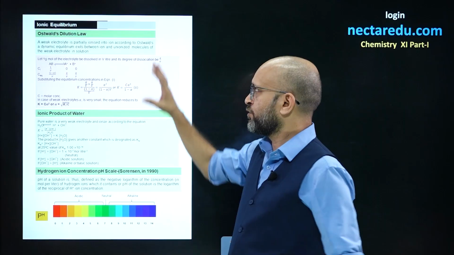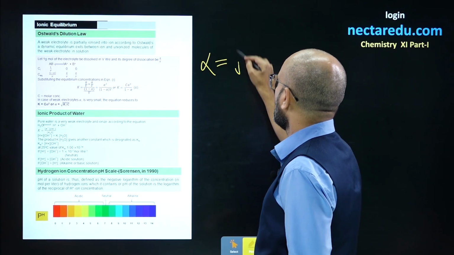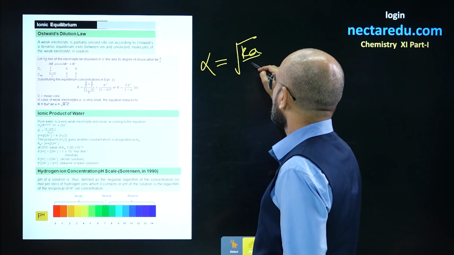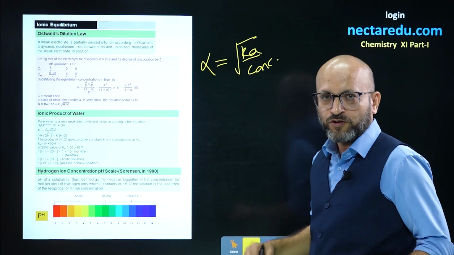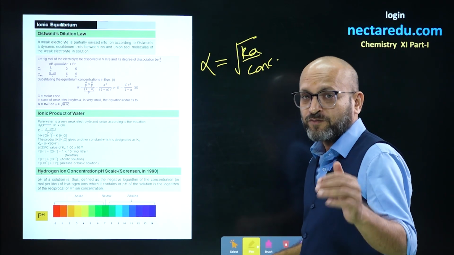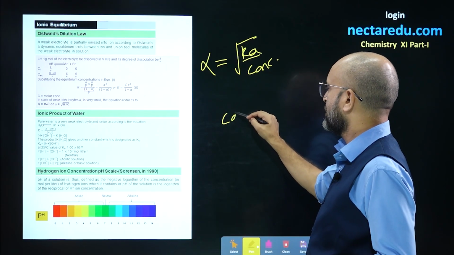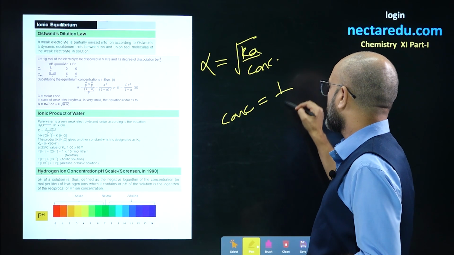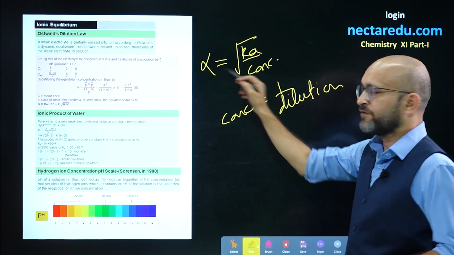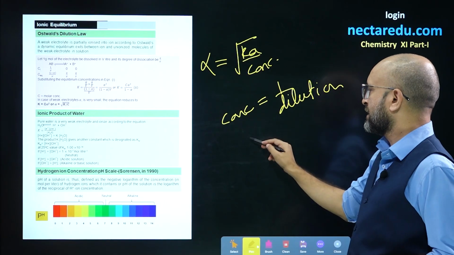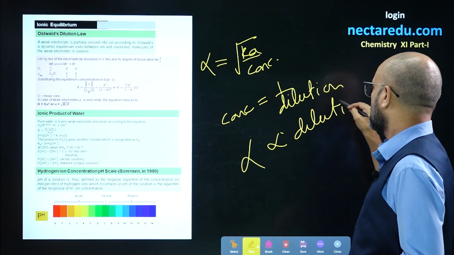Alright. So what does Ostwald dilution law tell us? Alpha equals root of Ka by C. What does this mean? C is concentration. So alpha is inversely proportional to concentration. Lesser the concentration, more will be ionization, right? Concentration equals 1 upon dilution, so we can say alpha is directly proportional to dilution.